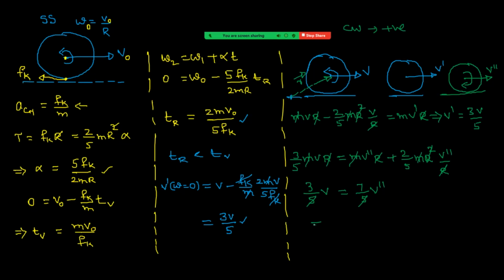That means v double dash is equal to 3v upon 7. Like this, we can solve by using conservation of angular momentum.